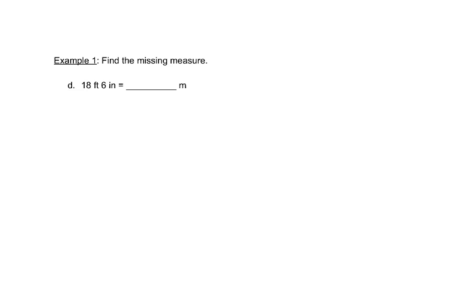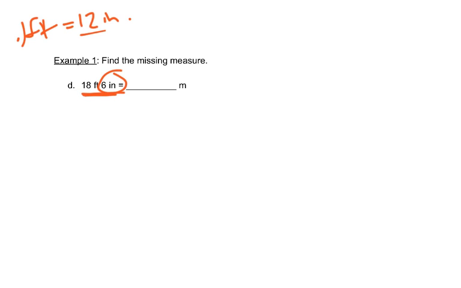So here we have 18 feet 6 inches, and we're trying to get to meters. So first of all, let's deal with this. This is 18 feet 6 inches, so we need to write that as either all in feet or all in inches. So first of all, remember that 1 foot is 12 inches. So if we have 6 inches, that means we have half of that, which means we have half a foot.